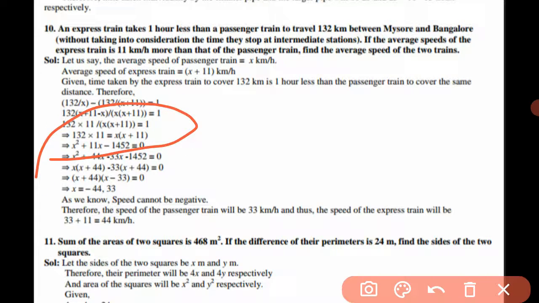By solving it we can find the value of x with the help of the quadratic formula or splitting the middle term. The value of x will be minus 44 and 33, but negative speed is not possible, therefore the speed will be 33 km per hour. So 33 km per hour is the speed of the passenger train, and the speed of the express train will be 33 plus 11, that is 44 km per hour.